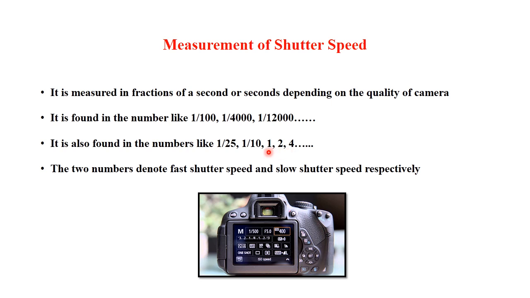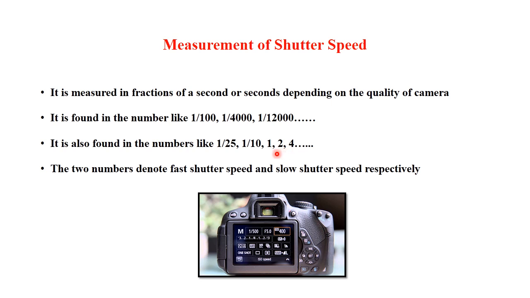When you give this command to your camera, the shutter will remain open for 1 second, right? And with this one, it will remain open for 2 seconds, and with this one, for 4 seconds, and after 4 seconds the shutter will close.